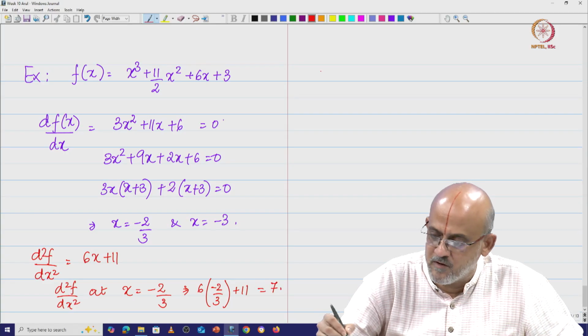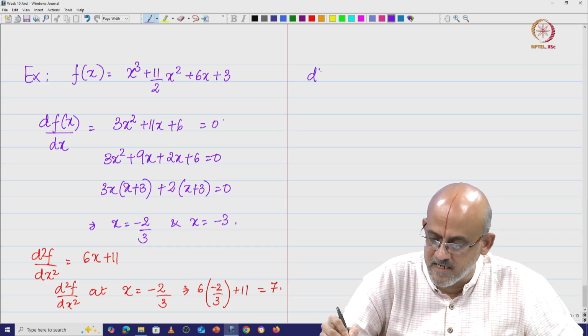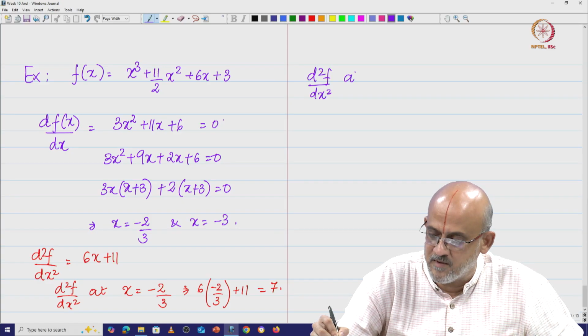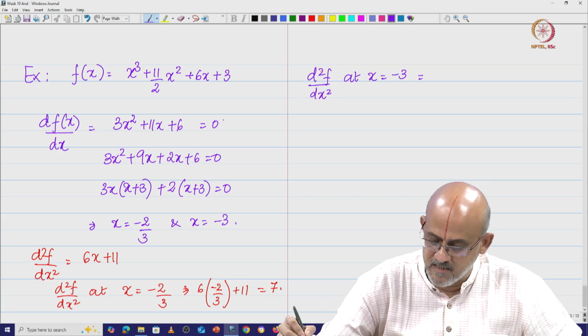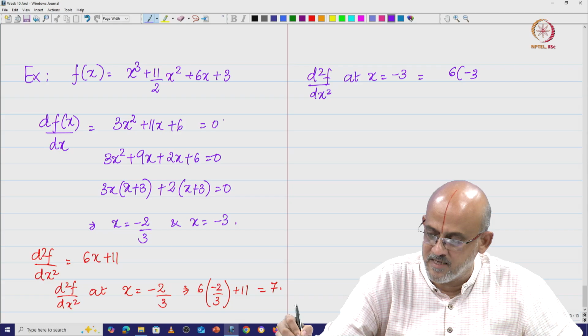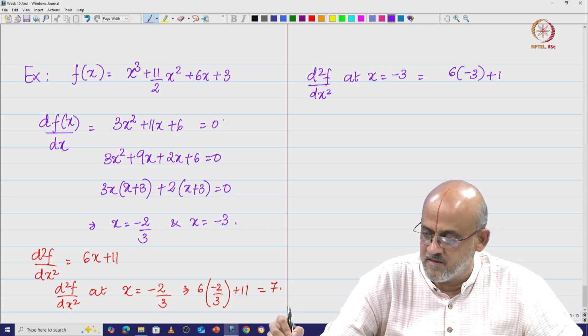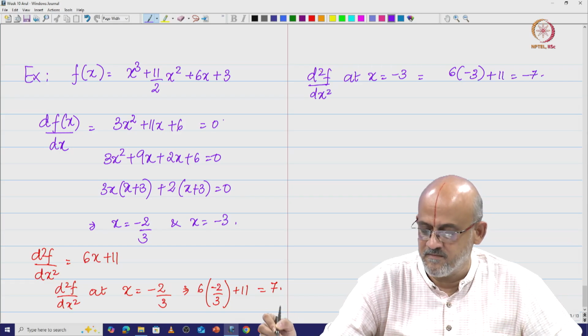And similarly I am going to look at d squared f by dx squared at x is equal to minus 3, which is 6 into minus 3 plus 11, which is minus 7.